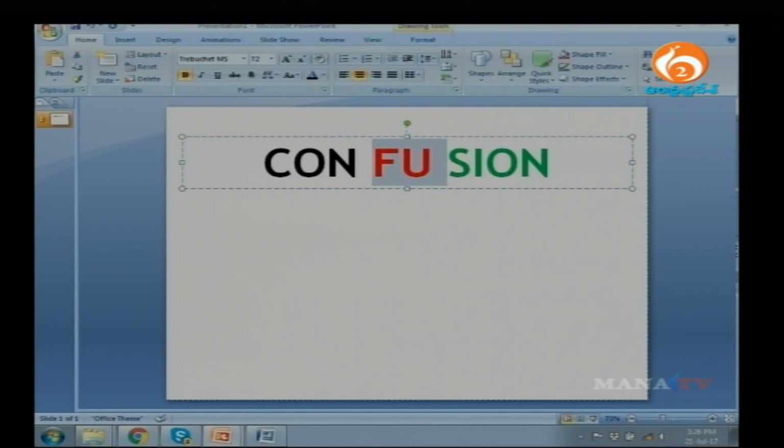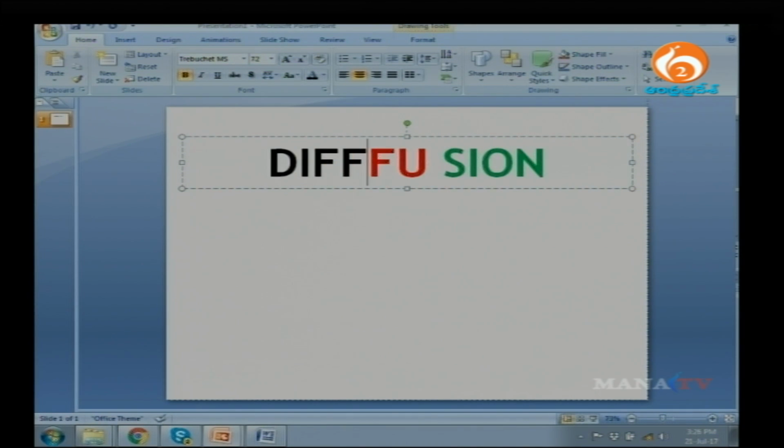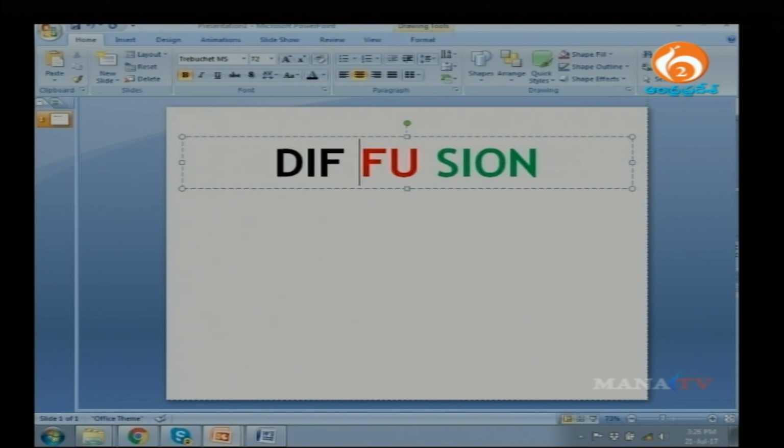The second last syllable is FU. So I will stress on confusion. All right. Diffusion. Diffusion. So my stress will be here. Diffusion. All right.